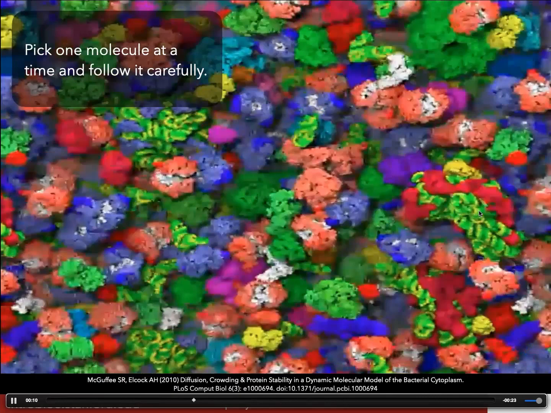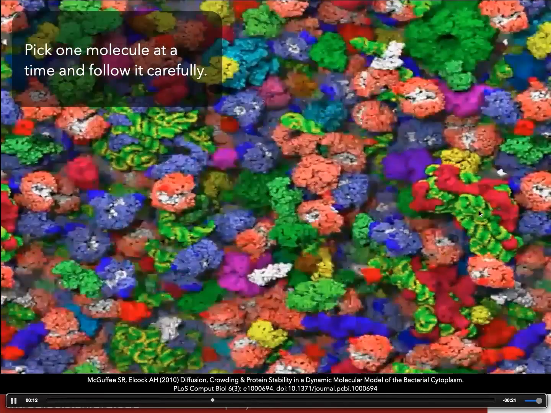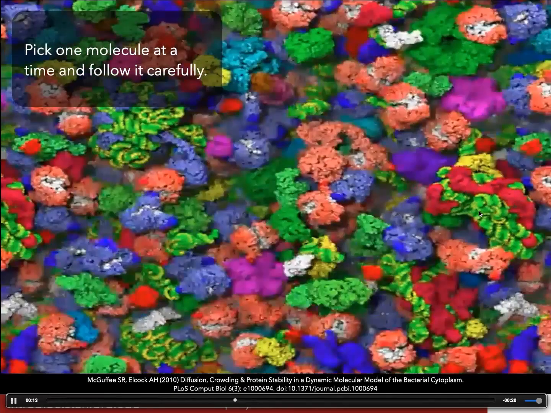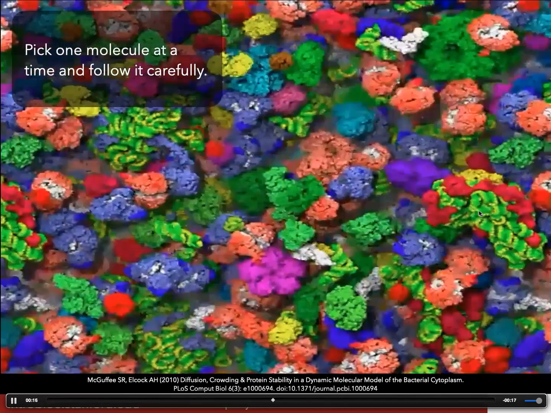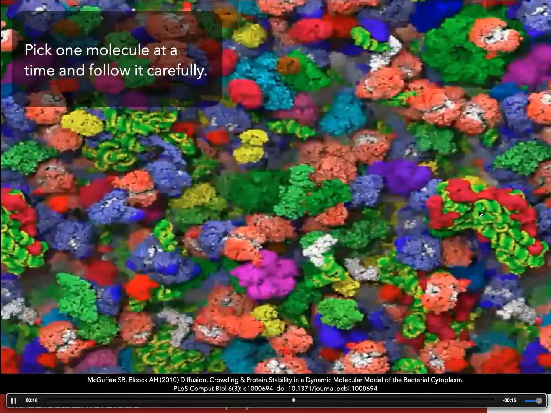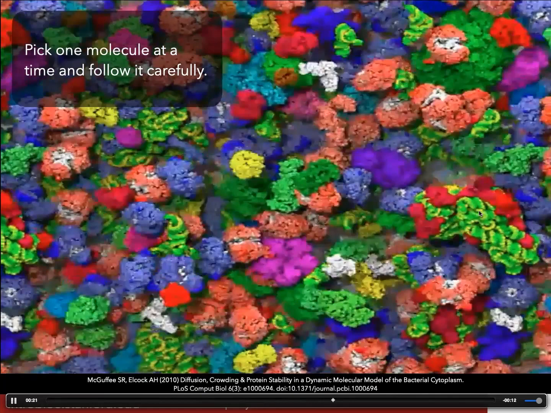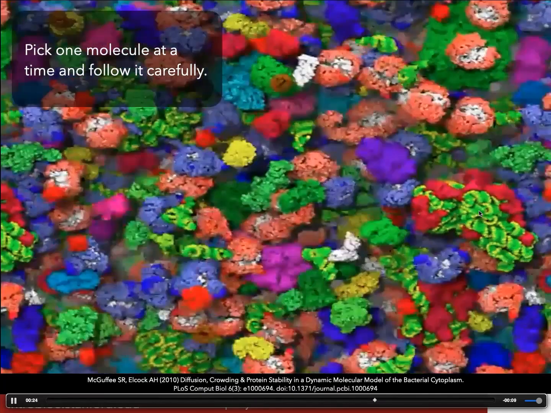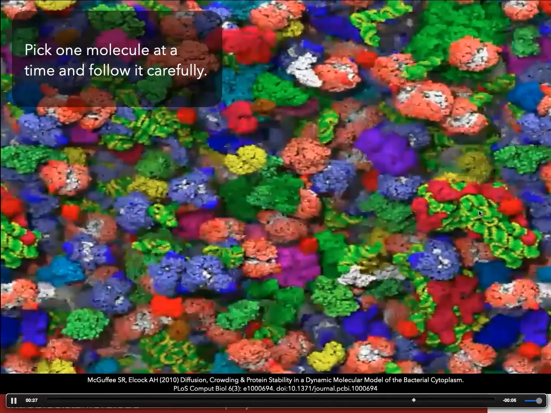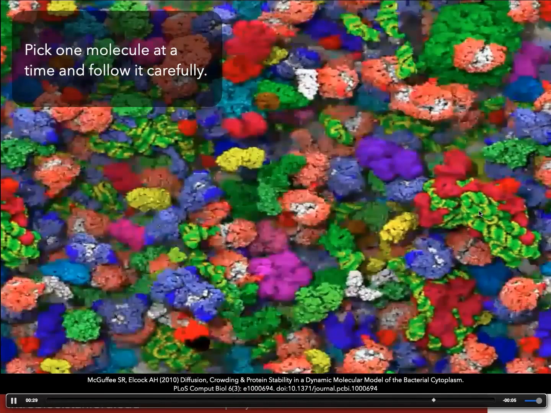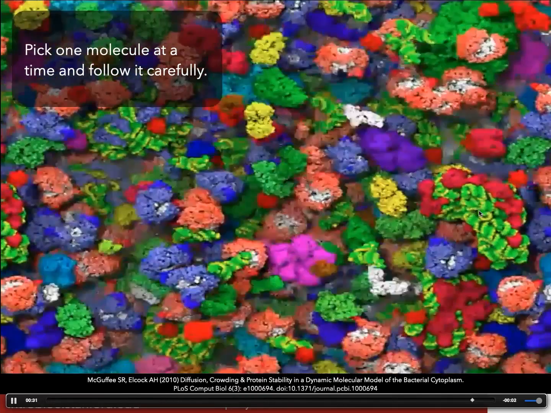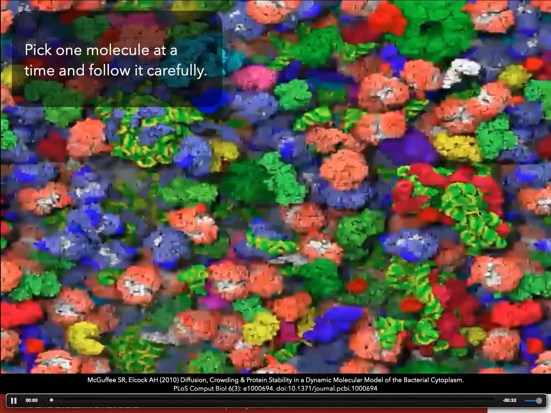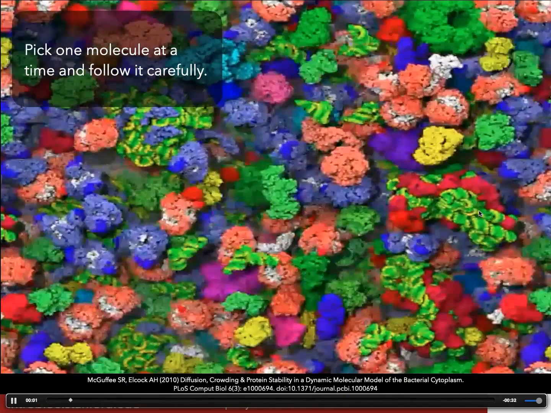Another thing I want you to think about is whether a molecule is only stuck in one neighborhood or subregion of this, or do the molecules eventually get to go everywhere? This is trickier to see because at first blush, when I look at this video, it seems like things are really locally constrained.